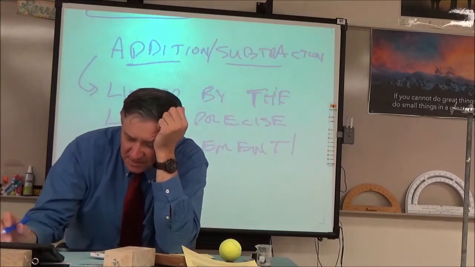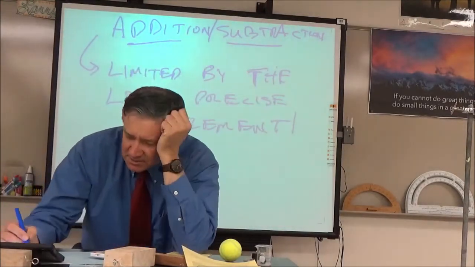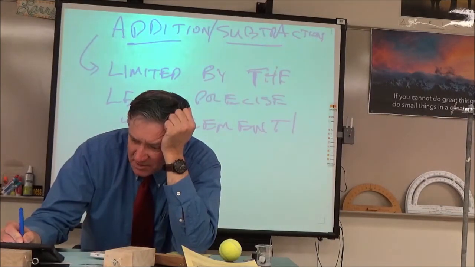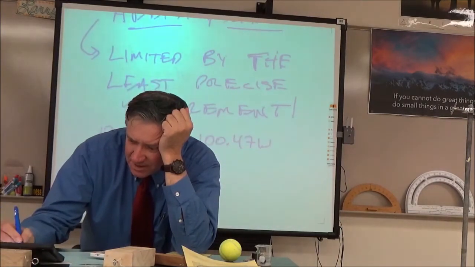So let's say that we're going to add some widgets together, okay? So we're going to take 12.6 widgets and we're going to add that to 100.47 widgets, and we're going to add that to 5.2 widgets, okay?